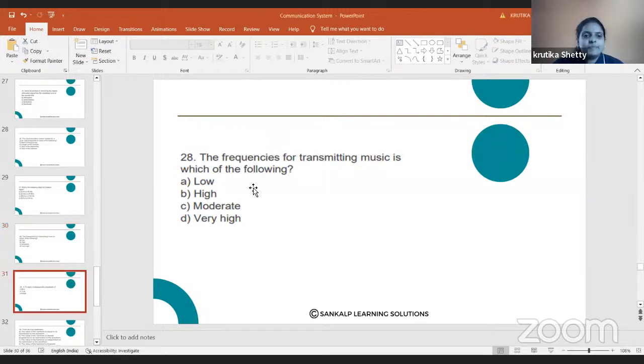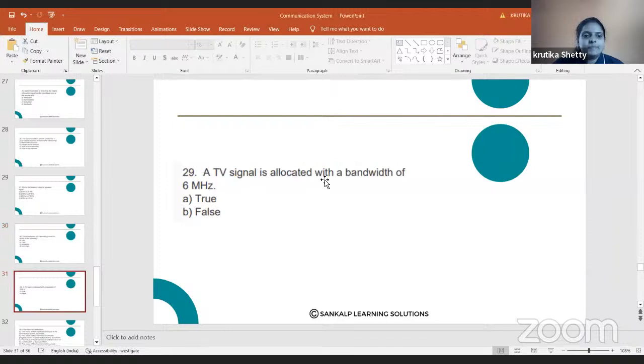Then the next question, a TV signal is allocated with a bandwidth of 6 megahertz.